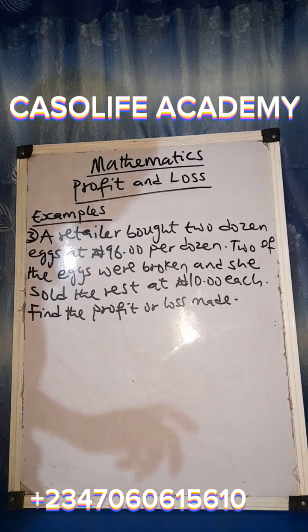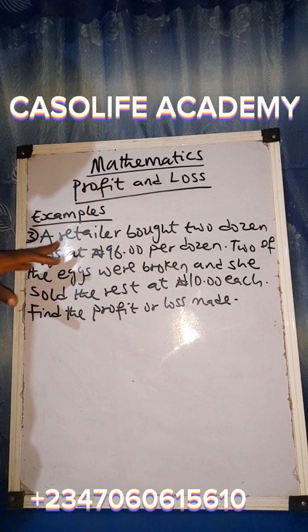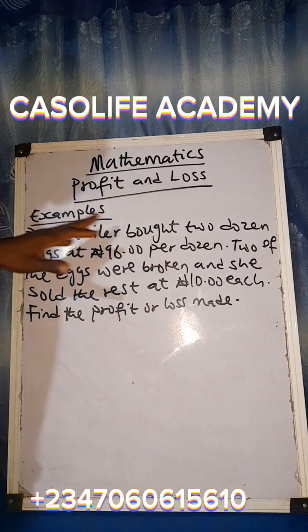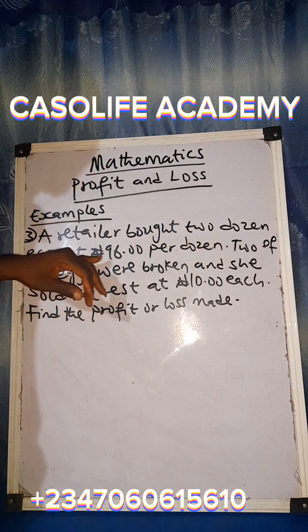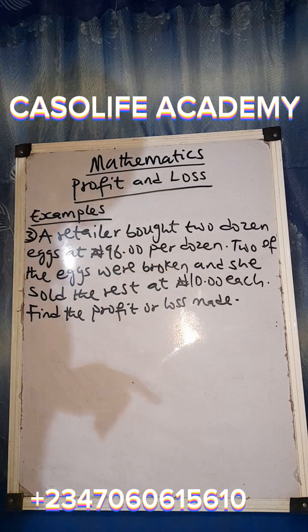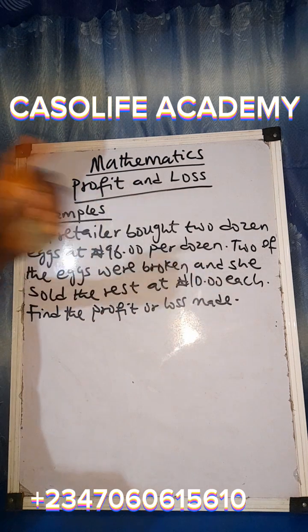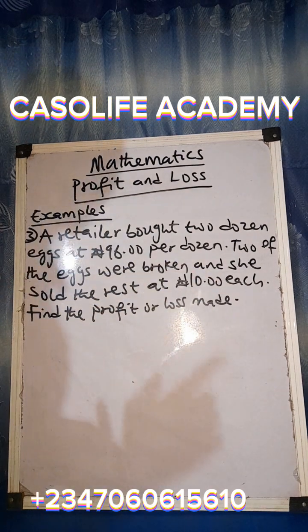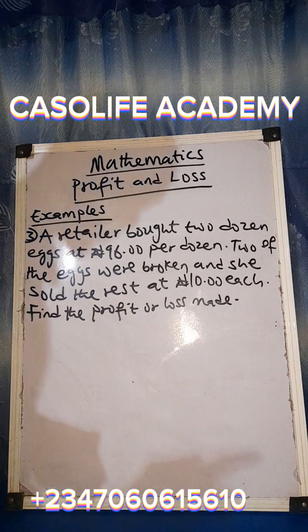Per means what? For one. So we can read this as: a retailer bought 2 dozen eggs at 96 naira for 1 dozen. 2 of the eggs were broken, and she sold the rest at 10 naira for 1.